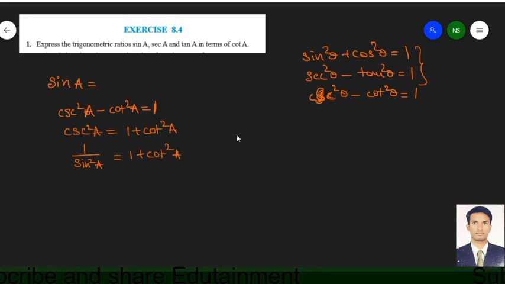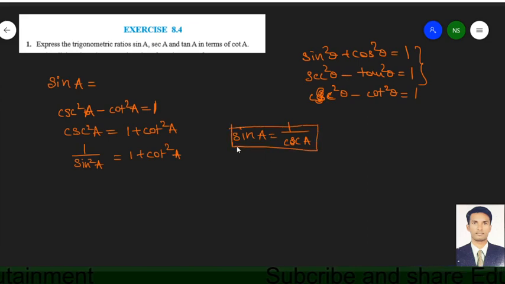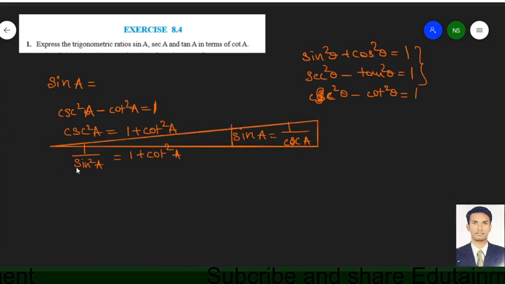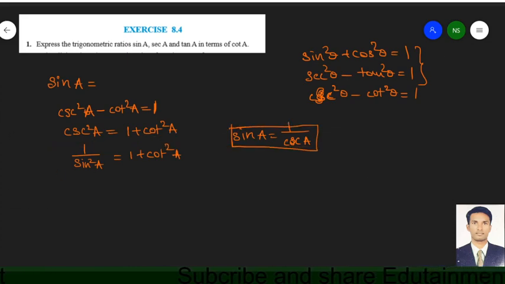Why? Because sine A is equals to 1 by cosecant A. Based on this property, I wrote like that. So I want only sine on the left hand side. So I will flip the fraction.